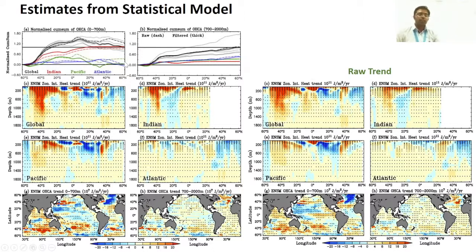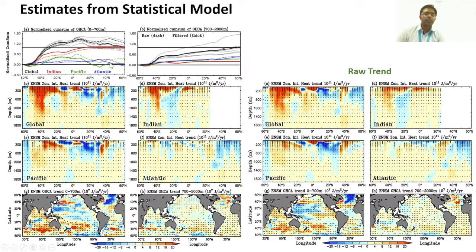Before eliminating the natural variabilities, the Pacific Ocean was showing around 30% of heat uptake, but after eliminating the natural variability, the Pacific Ocean drops down to only 5 to 7%.